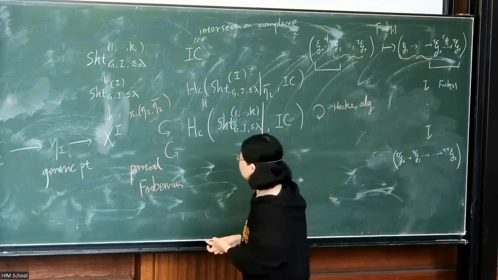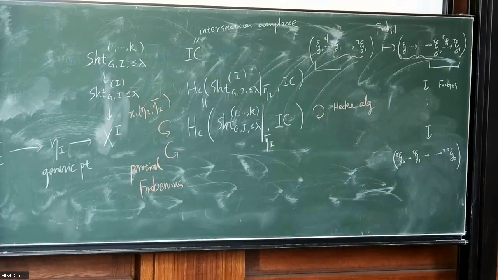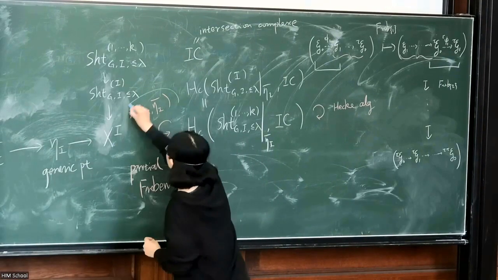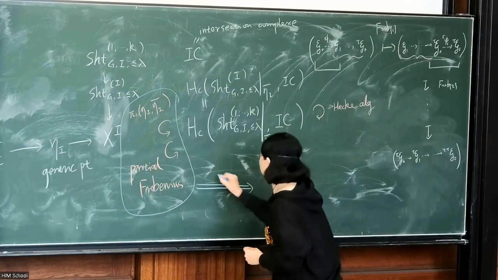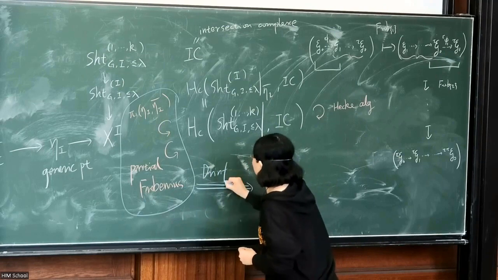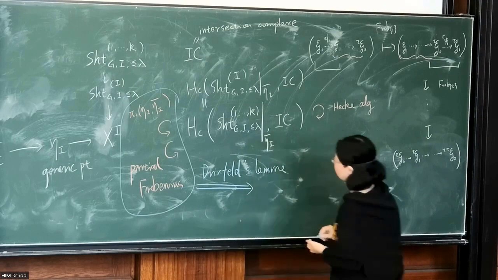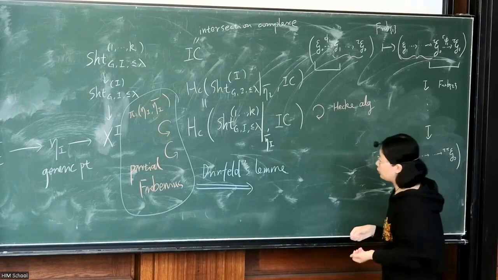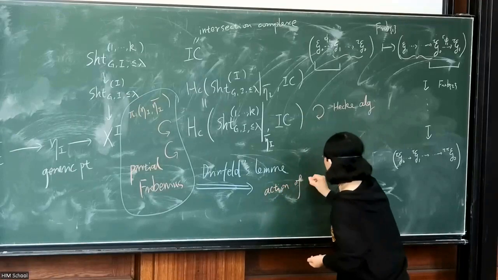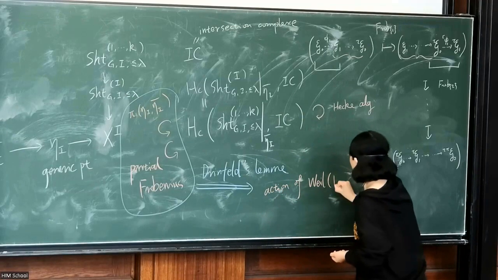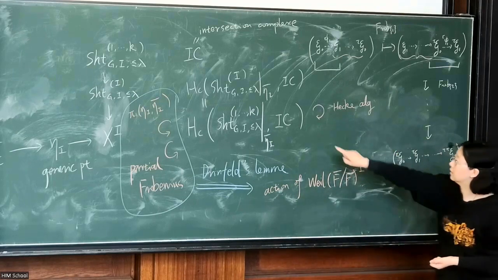The reason why we want this is that these two things together, by Drinfeld's lemma, give you an action of the Weil group of the function field to the power I on the cohomology.